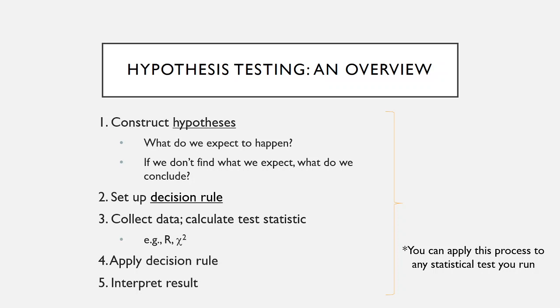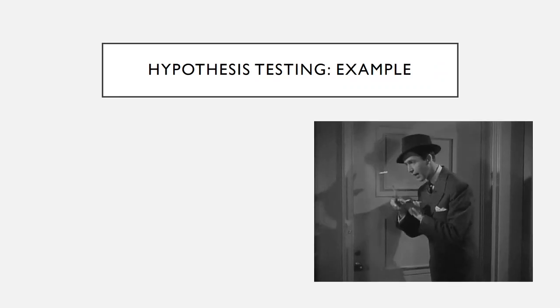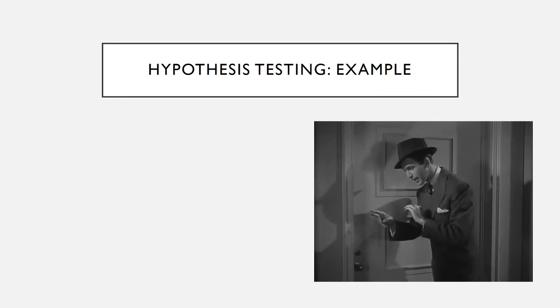The remainder of the semester will be adding different tools to your toolbox of different statistical analyses, but it's important to understand hypothesis testing because this framework will be in place for all of the analyses we do from here on out.